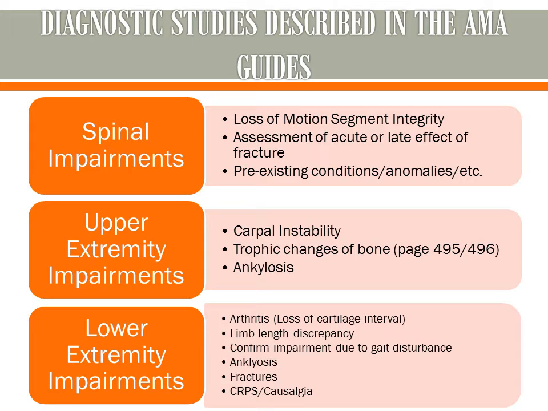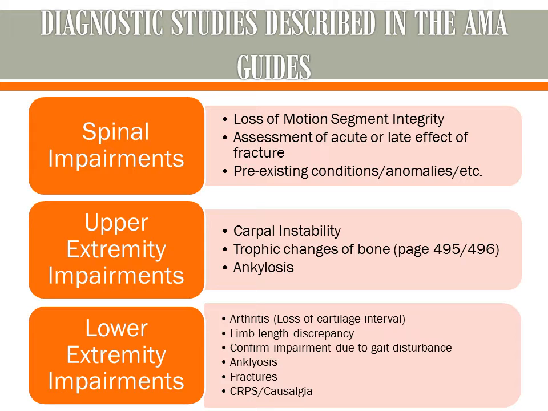They're used for a determination of the loss of motion segment integrity. And we'll go over a practical method to perform an analysis of motion segment integrity here in this program in just a few moments.